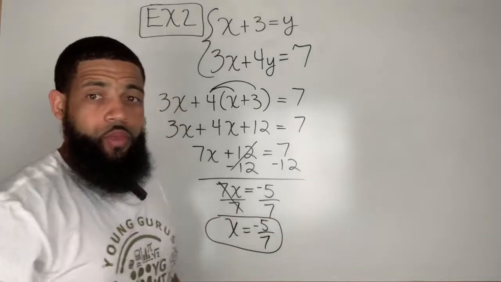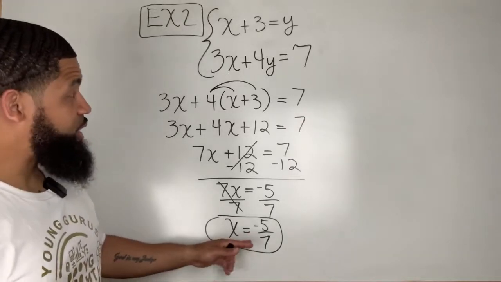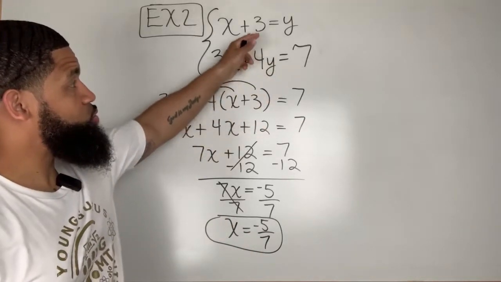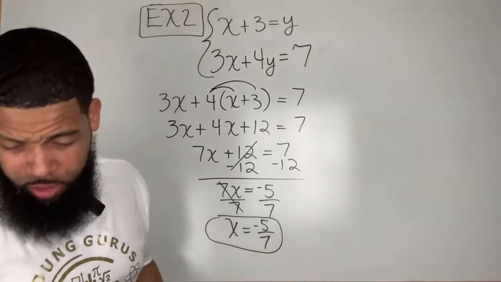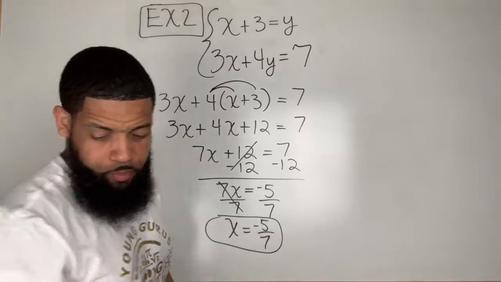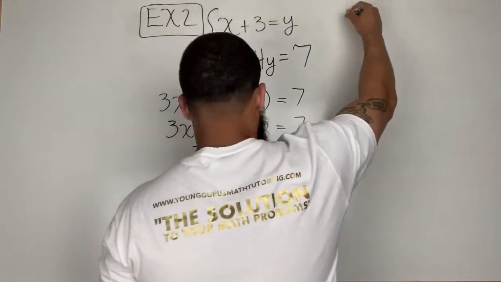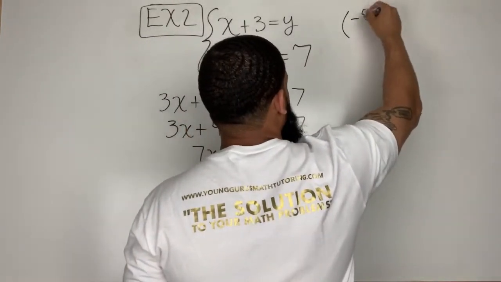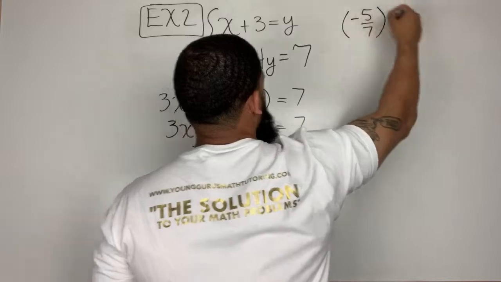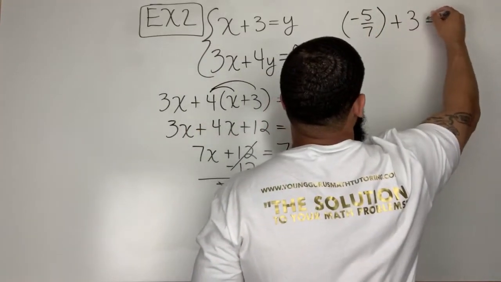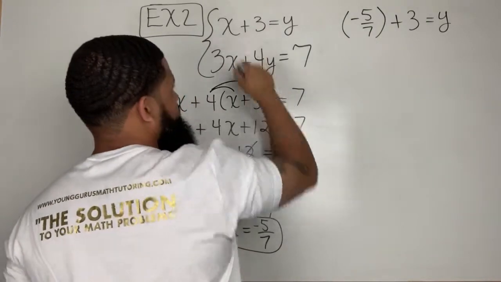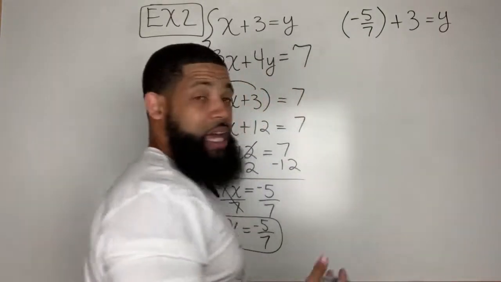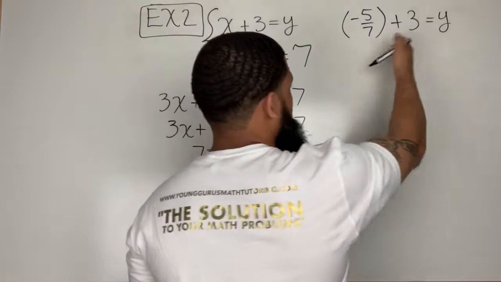All right, so now I have my value of x. Now I need to plug that into the other equation. And as you can see, there's a fraction, so it's going to get kind of tricky. But it's okay. So I'm going to say negative 5 over 7 plus 3 equals y. I just took this value of x and plugged it into the first equation. In order to add those, I have to get a common denominator.